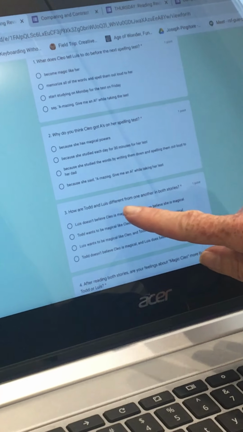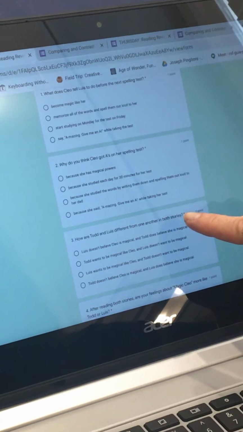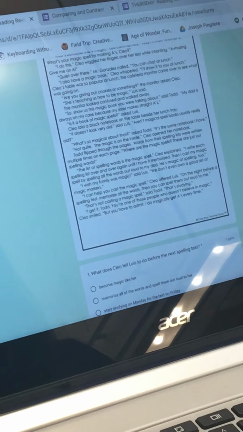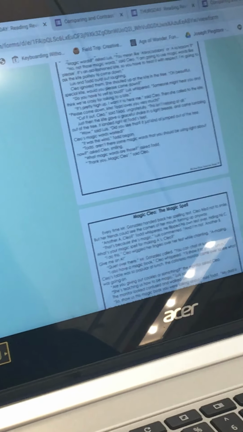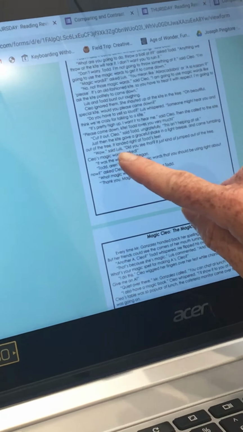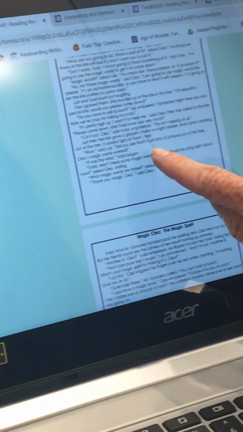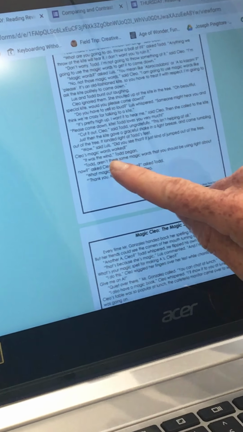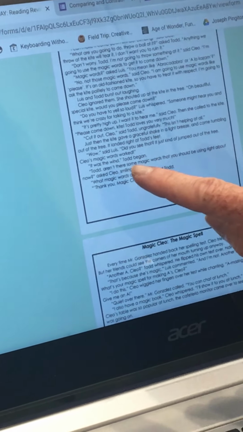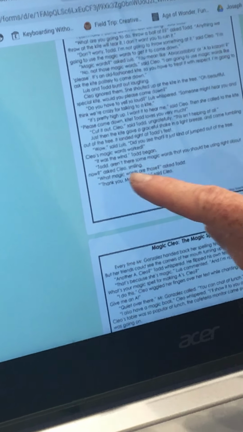How are Todd and Lewis different from one another in both stories? So, boys and girls, if you go back to this story, I love this line right here. "Wow," said Lewis, "did you see that? It just kind of jumped out of the tree. Cleo's magic words worked." So it looks like Lewis really believes that her magic words are working.